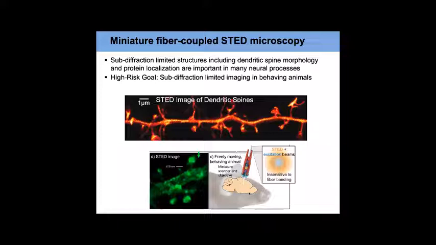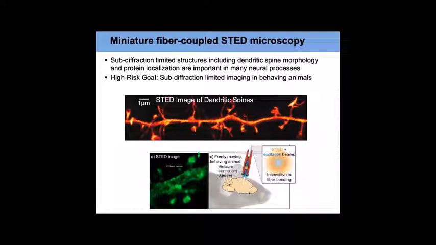Okay, so some of the interesting things, if you can actually achieve this kind of high risk goal, is that you could image important subdiffraction limited structures in the brain, in naturalistic behavior, or also do long-term longitudinal imaging.